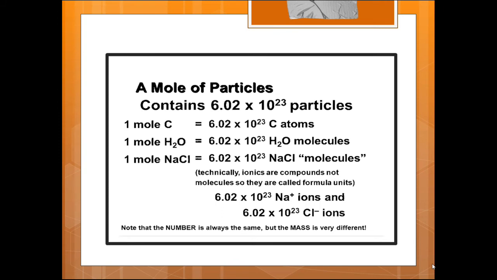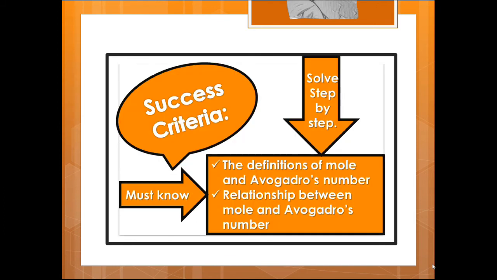So in NaCl, there are 6.022 into 10 to the power 23 sodium ions and 6.022 into 10 to the power 23 chloride ions present. Note that the number is always the same, but the mass is very different.